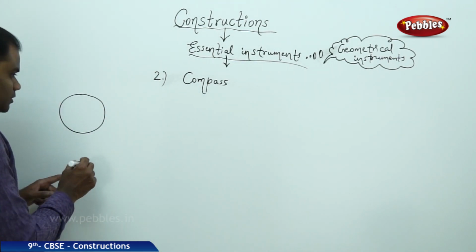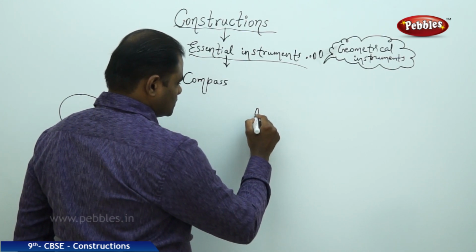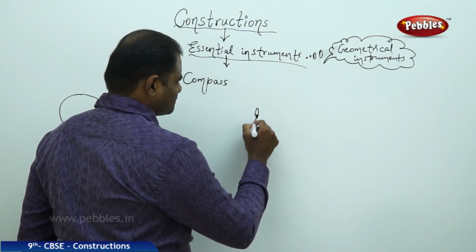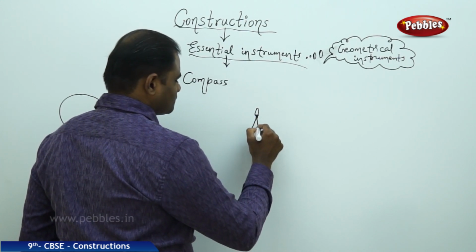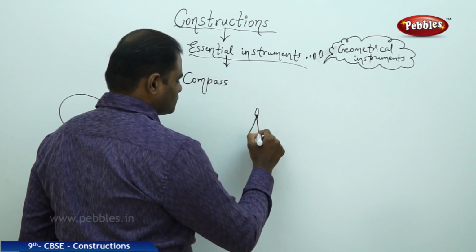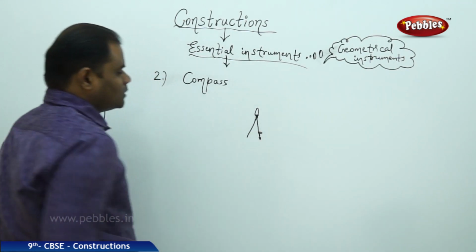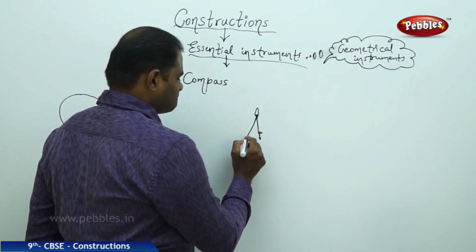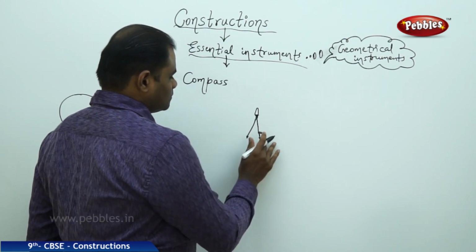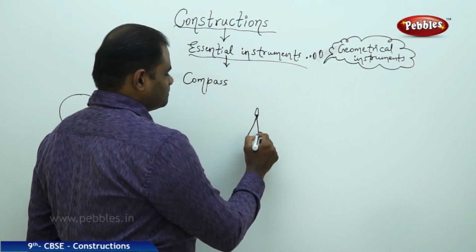Usually a compass is a fixed instrument which is pointed, and then the other end is fixed with a pencil.